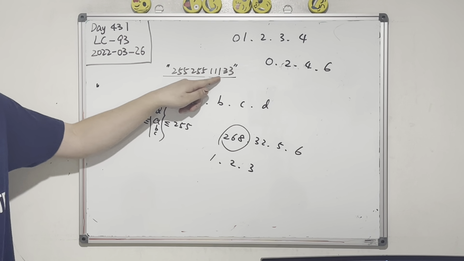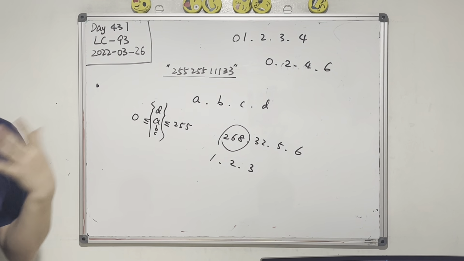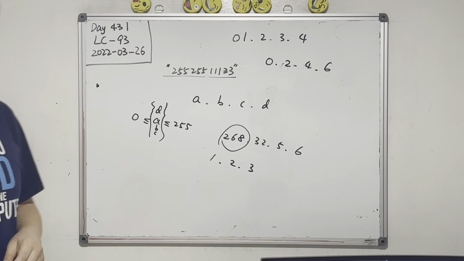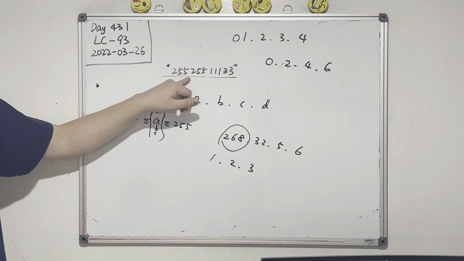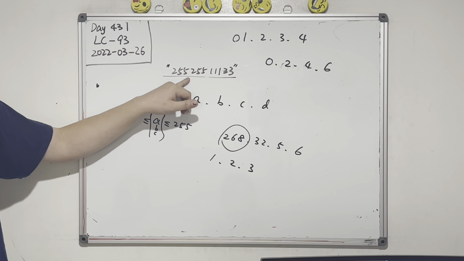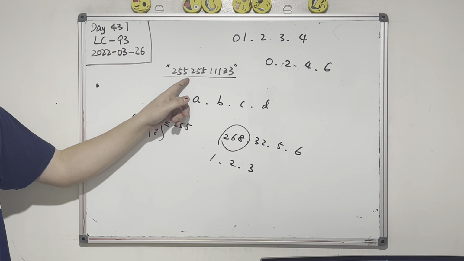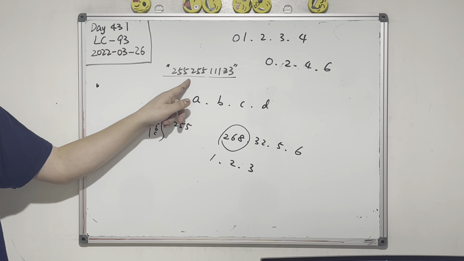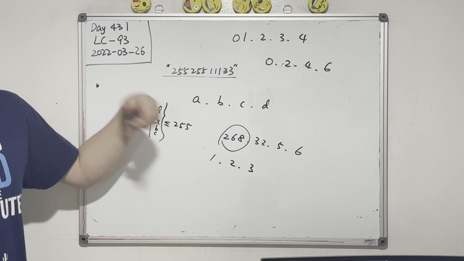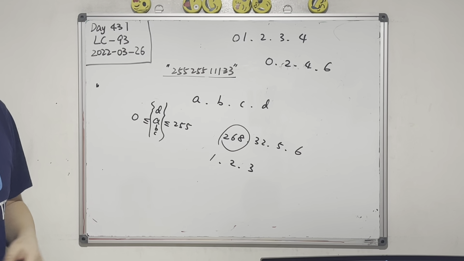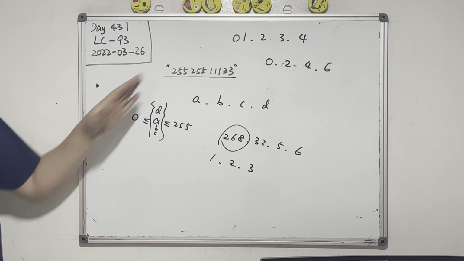How did you find this? Because I don't actually want to wait for 255, since 255 is less than 256, so it could be the valid answer, and then you can jump until you find it. Am I right? Okay, that's very good.